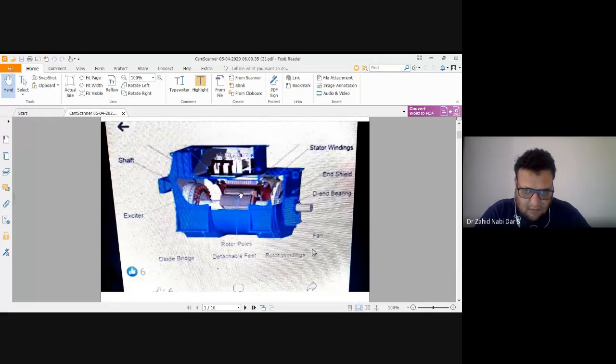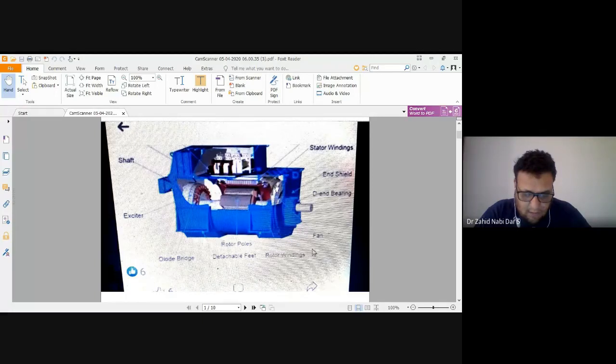So you have a magnetic field in the rotor, and the prime mover makes it rotate, and this magnetic field is inducing a three-phase set of voltages inside the stator windings.